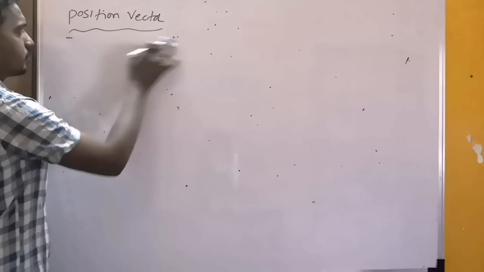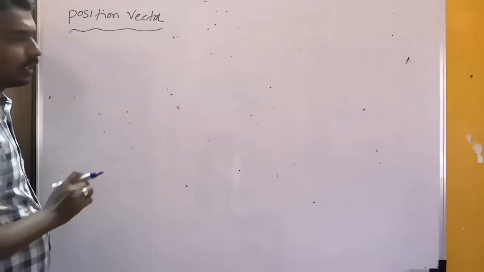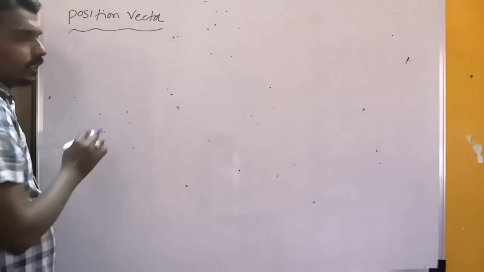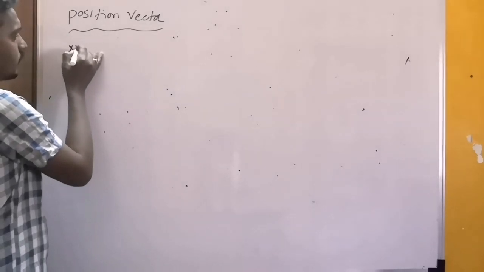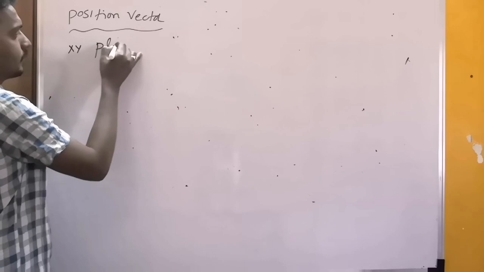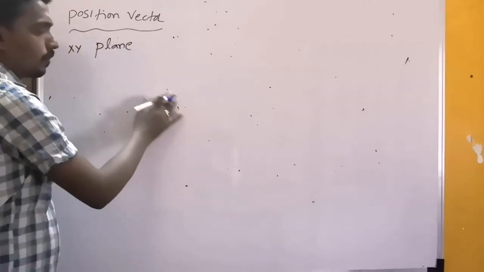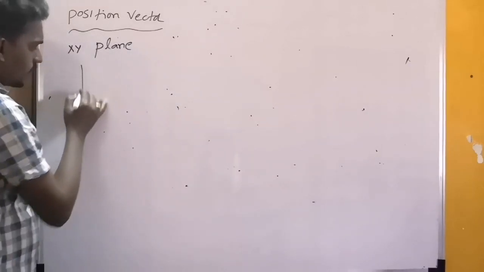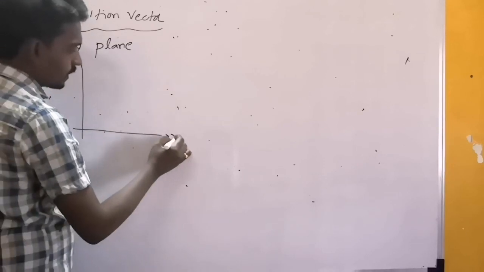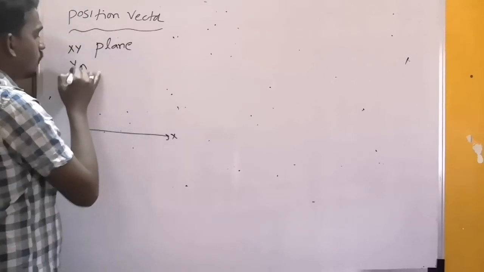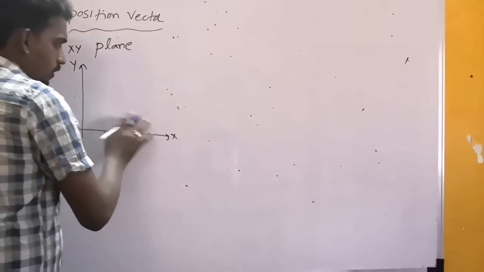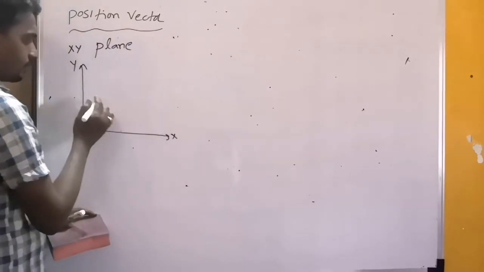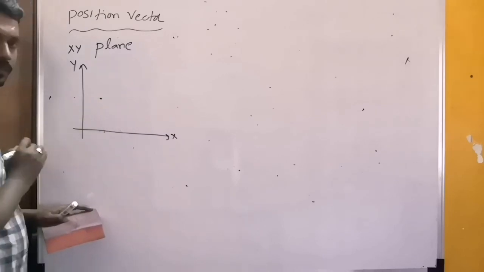So now we are talking about the xy plane. Let's take the xy plane. The xy plane means there is one x axis, there is one y axis. Now the particle is here somewhere.